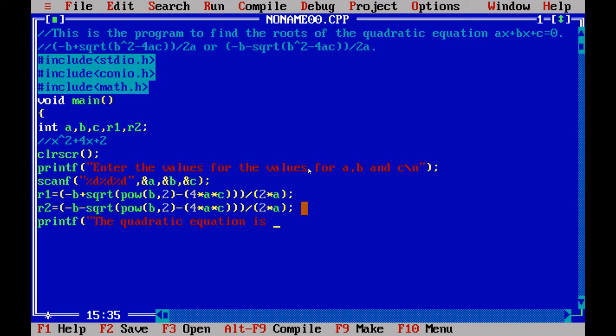So here you can write like percentage d x squared plus percentage d x plus c. You can give the value c.